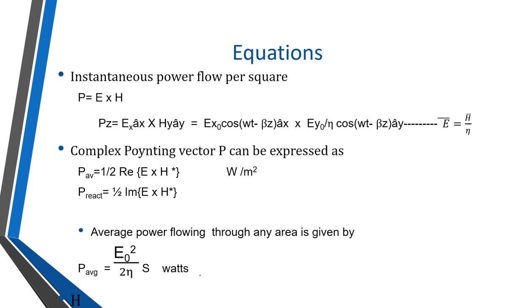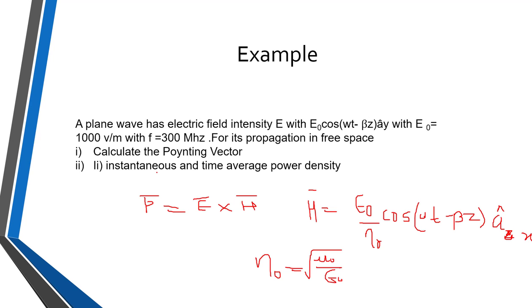E naught is already given to you as 1000 volt per meter. So 1000 square divided by 2 times eta will give us the average power density. And vector P bar itself will give us the instantaneous power density after multiplication of their magnitudes. In this way we can solve this example.